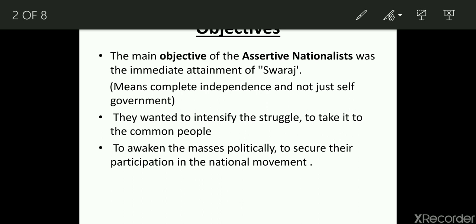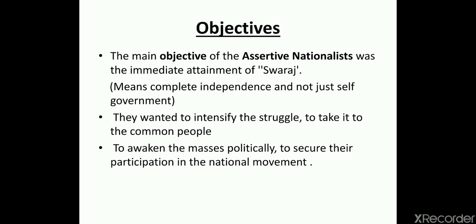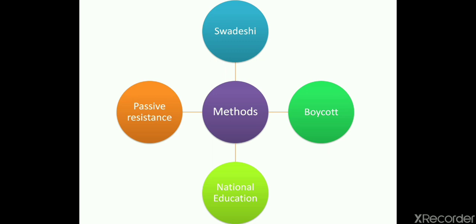And to fulfill these objectives, various methods were adopted by these assertive leaders, like Swadeshi, boycott, national education, and passive resistance. So we'll take them one by one. Children, Swadeshi and boycott are very important points which are frequently asked in exams.